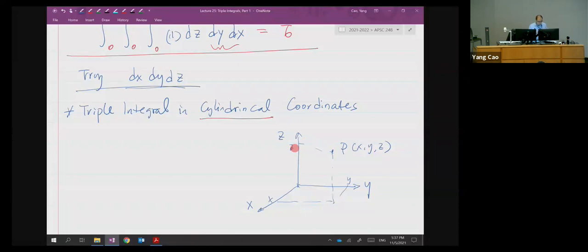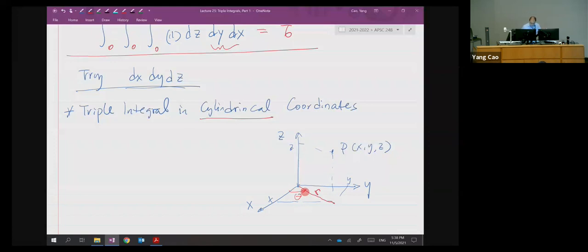Right? So alternatively, I can find another 3 variables to describe this location. So this alternative solution is using R, okay? So you find this distance to this location, R, and then you use theta. So you look at R and theta, what does that remind you? It's the same as the polar coordinates, right?